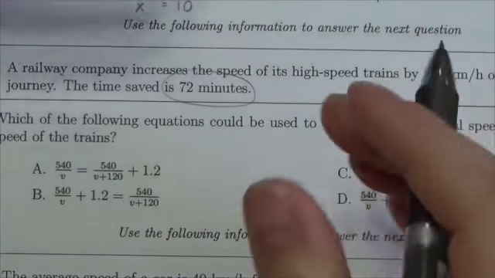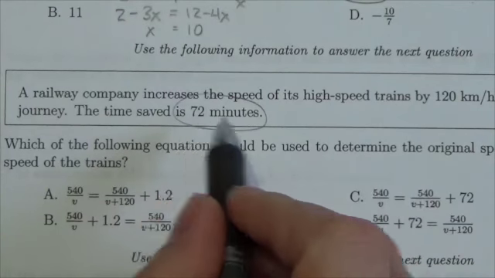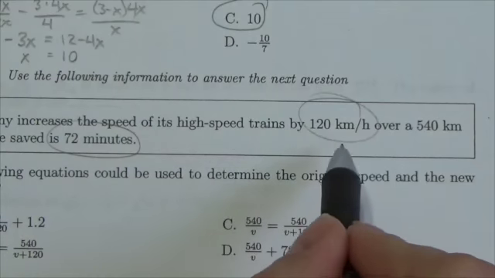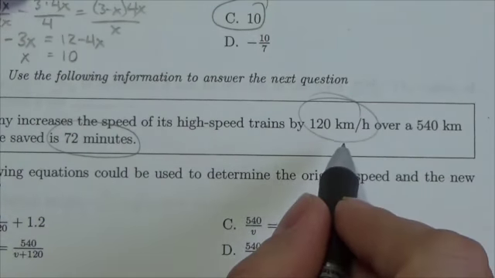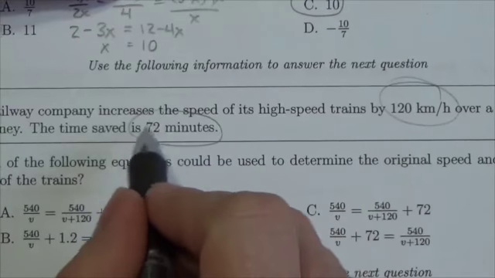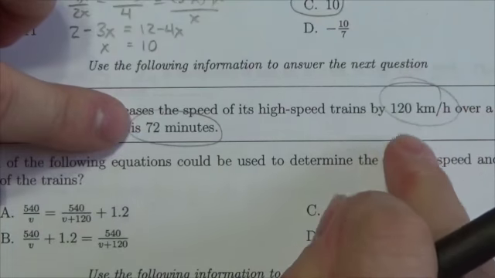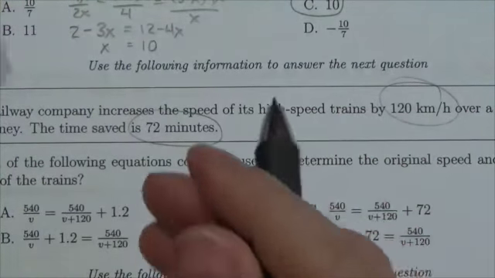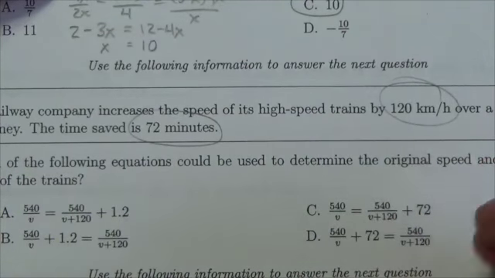Now, you can be very clever with this problem here. First of all, 72 minutes, 120 kilometers per hour. If we're using 120 kilometers per hour, we're going to run into a little bit of difficulty trying to shove in 72 minutes as the number 72, because the presence of this number is going to force the equation to assume time has the units of hours.